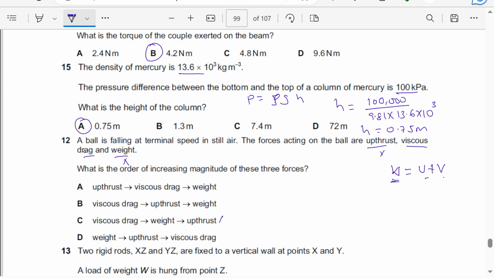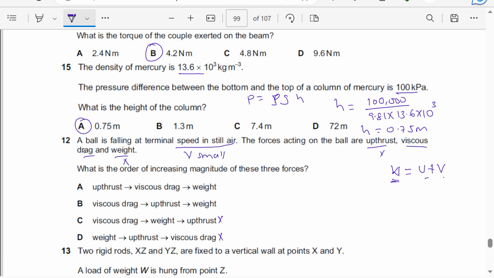So the weight must be the biggest. So it means we ignore C and D. Then between the upthrust and the viscous drag, which one is greater? A ball is falling at terminal speed in still air. Since it is still air, the viscous drag is very small.